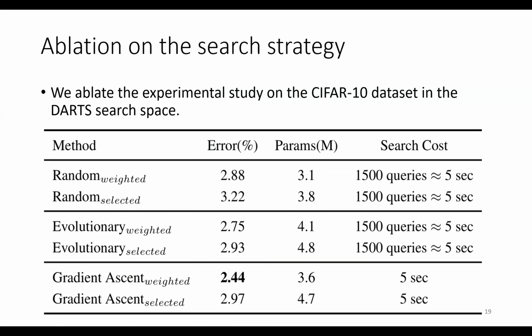If we use gradient ascent to continually search in the embedding space, the performance is the best compared to using evolutionary search or random search, and the time is also shorter.